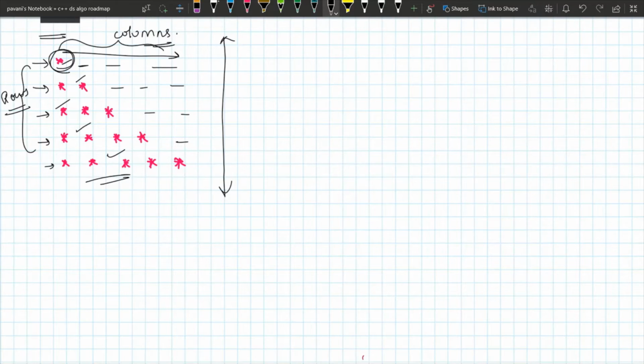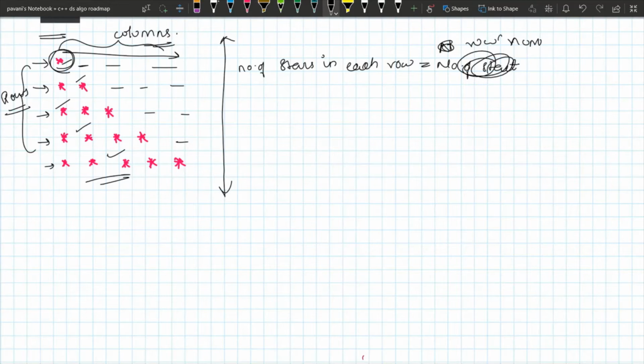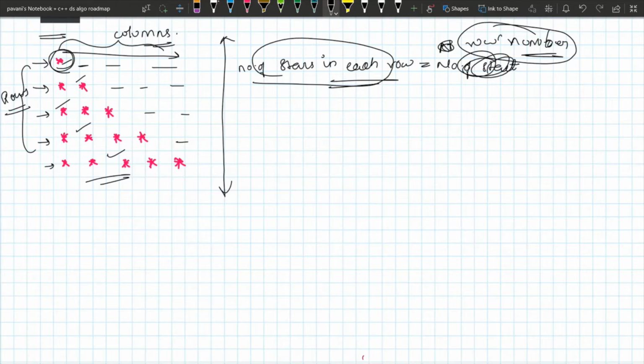Means the number of stars in each row is equal to the row number, right?